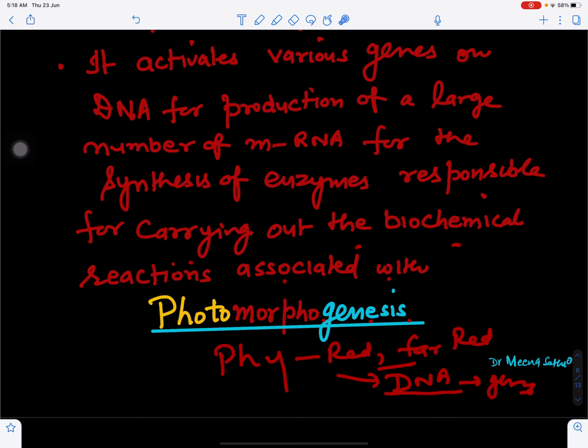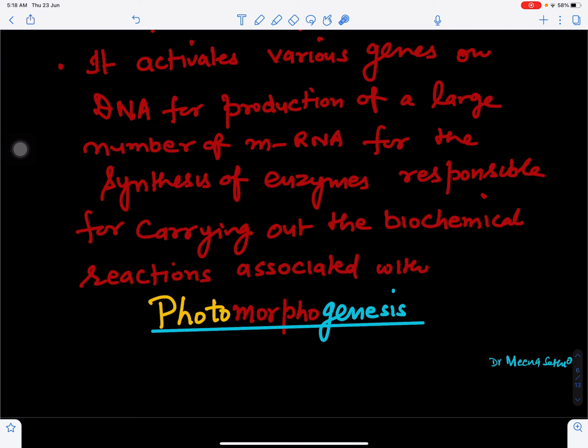So genes will be regulated with the help of this red light or far red light. And when genes are regulated, formation of protein is also regulated. So these genes or proteins regulate various biochemical reactions, which lead to this phenomenon called photomorphogenesis. So phytochrome controls by interacting with DNA, affecting the transcription process, affecting the protein formation, and this will affect the photomorphogenesis.